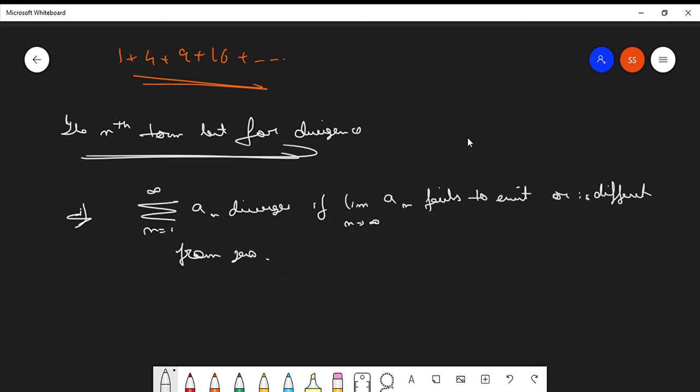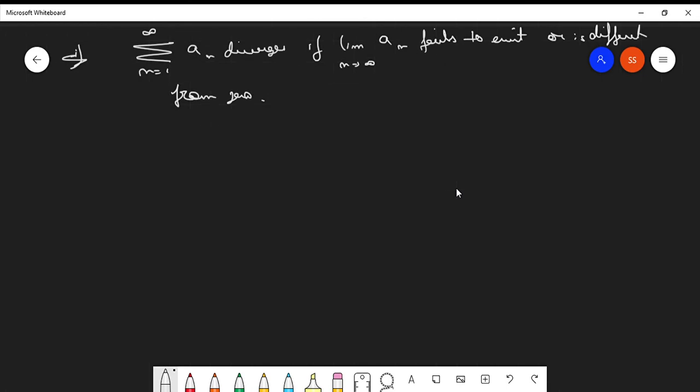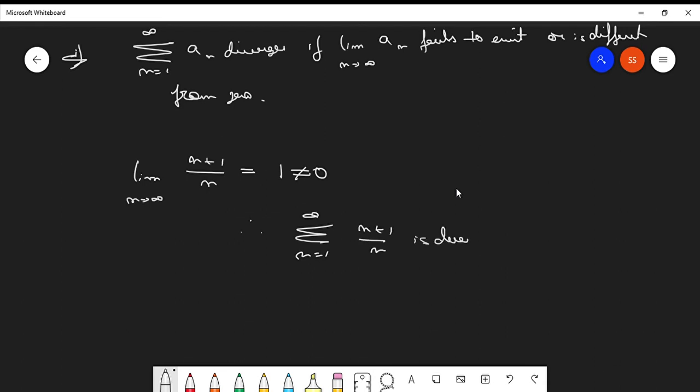That is, you have a series, you find that the limit of the nth term of the series itself, that is an, is not 0, then the series will diverge. For example, the limit as n tends to infinity of (n plus 1) over n is equal to 1, which is not equal to 0. Therefore the series summation n equals 1 to infinity of (n plus 1) over n is diverging.